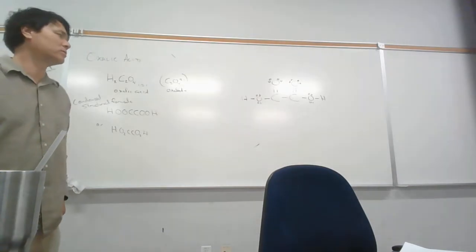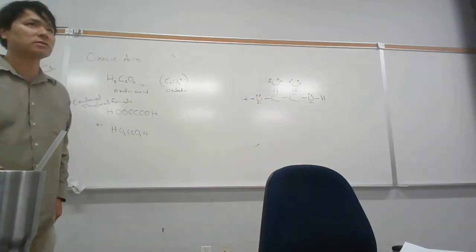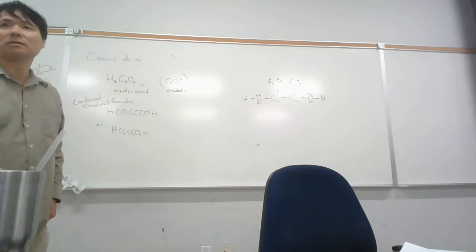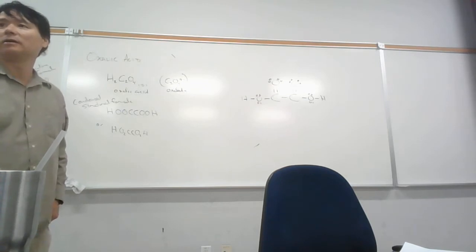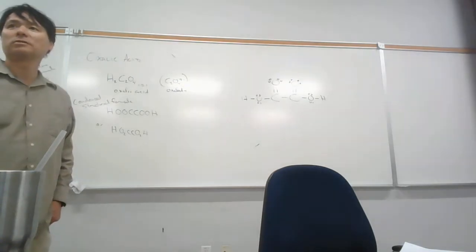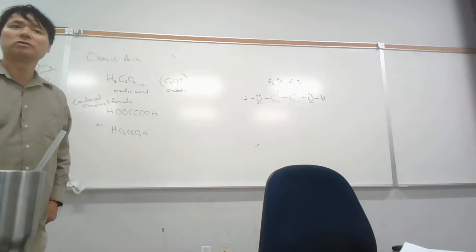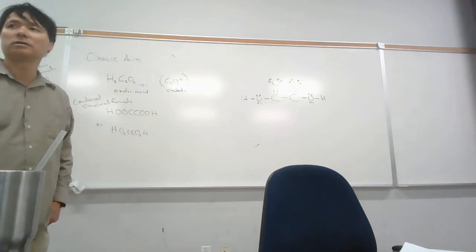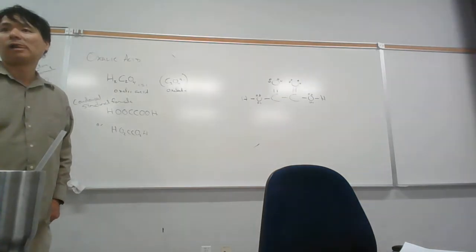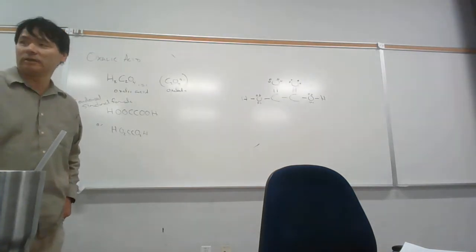In order to do a wedge dash diagram, we follow the sequence. What is the sequence? The first thing we look at is how many groups. If there are two groups, what's the electron geometry? Linear, correct.